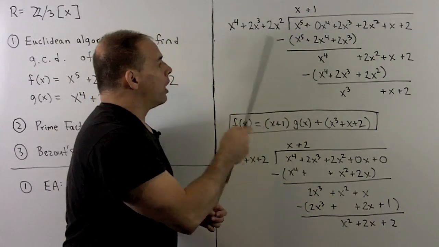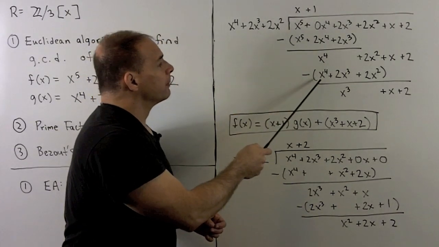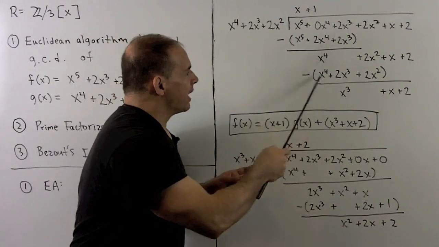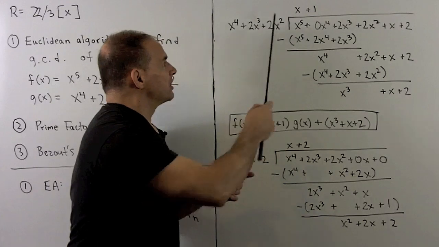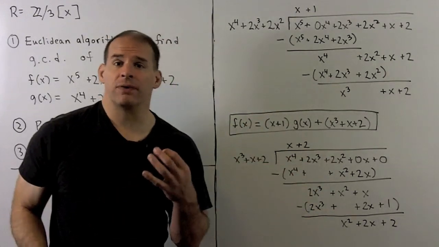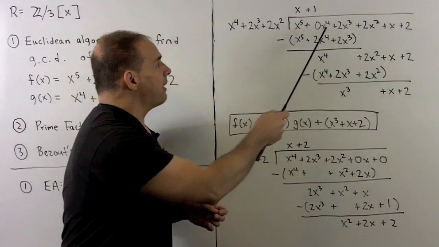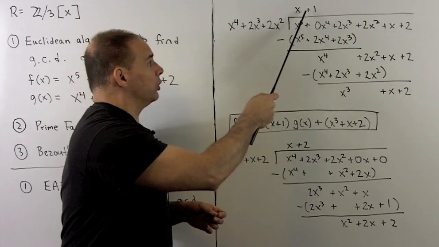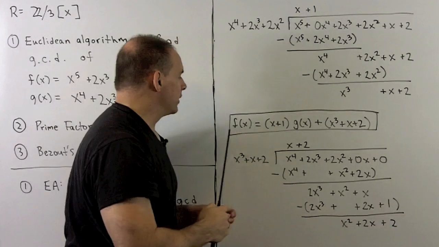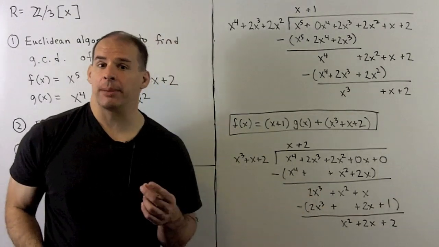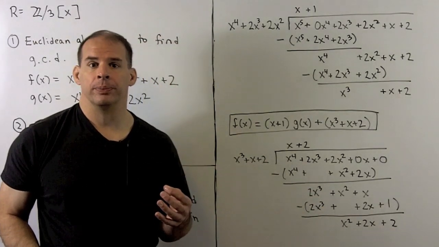When we match, we'll have a 1, x to the 4th, x to the 4th. Then here I'll have that minus 2 again, comes down as an x cubed. So when I solve this, that gives our first equation. I have f, I have g, we have q, the quotient, and then we have r, the remainder. So we get this equation here for our first step in the Euclidean algorithm.